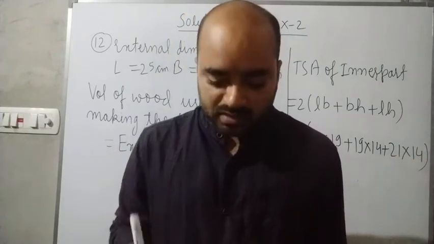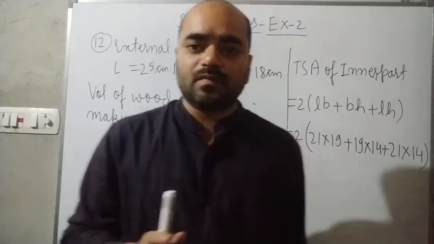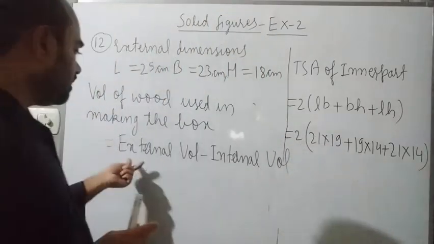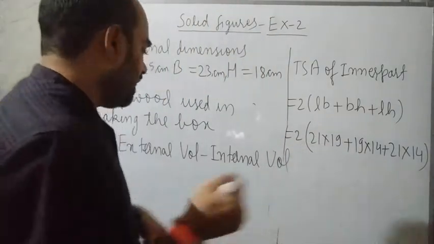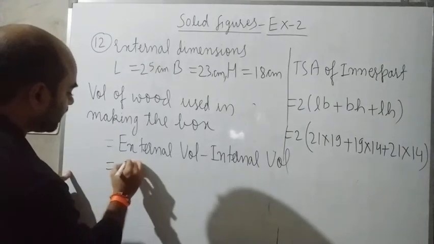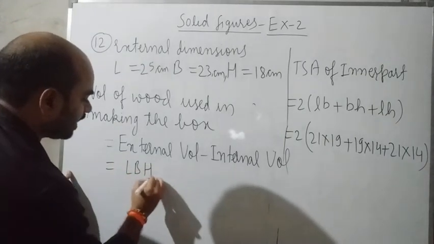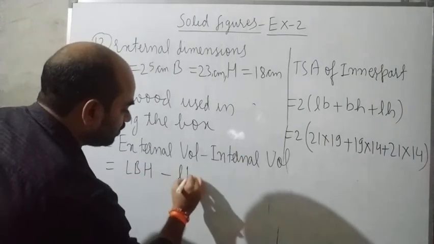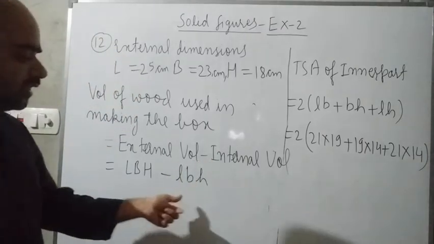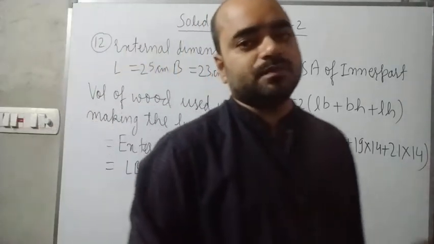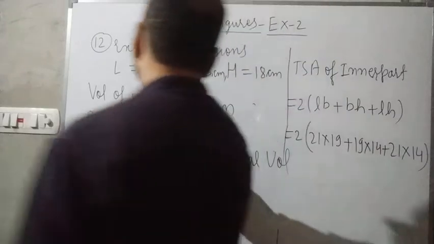We will discuss one question, the last one. Clear? So external volume minus internal volume. External volume means we take capital L, capital B, capital H. Internal volume means we take small l, small b, small h. Now substitute the values.